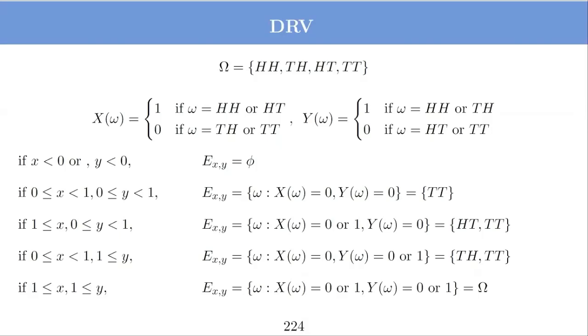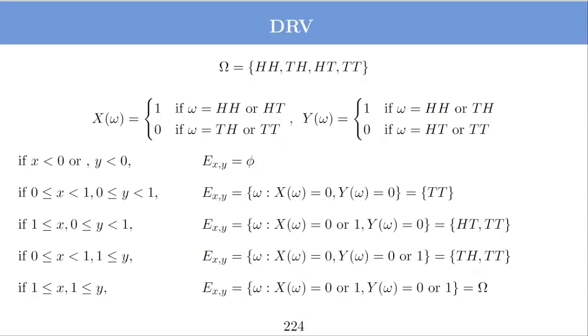So now let's take x and y both between 0 and 1. Then I ask you, what are the omega such that X(omega) maps to minus infinity comma x? Since x is more than 0 and less than 1, this set minus infinity comma x only contains 0.